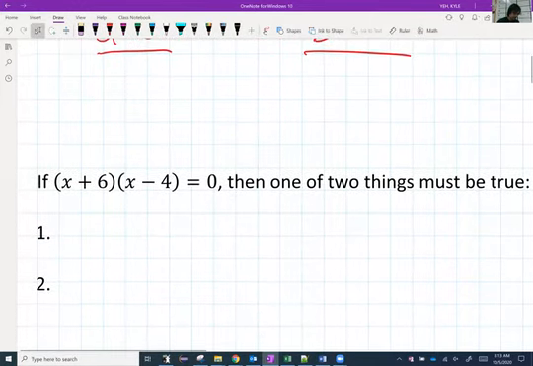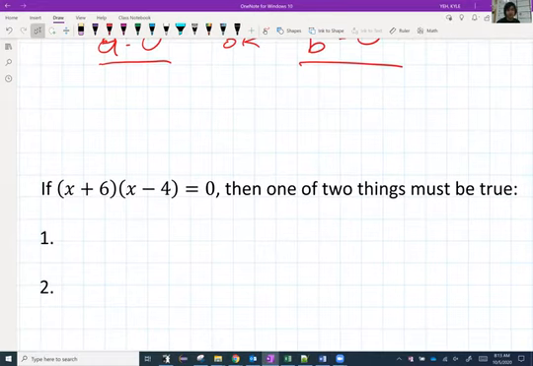So here's where I'm going to move this conversation into the realm of quadratic equations. If x plus 6 times x minus 4 equals 0, then one of two things must be true. This is the exact same statement as what we had above.